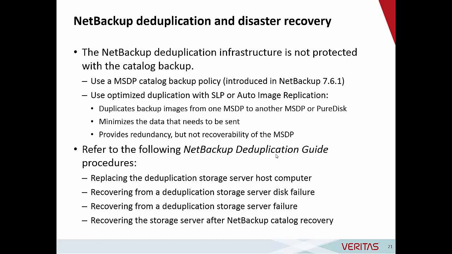You know, I can go back to an earlier version. The NetBackup deduplication guide has got steps for a number of different DR considerations, including storage server failure, hardware failure of the disks that make up the pool, or how to recover storage servers after NetBackup catalog recovery.